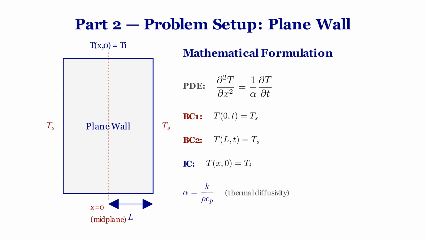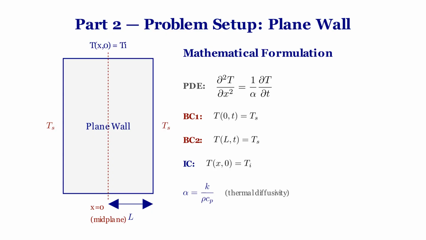The governing partial differential equation is the heat diffusion equation, partial squared T over partial x squared equals 1 over alpha times partial T over partial t, where alpha equals k divided by rho Cp is the thermal diffusivity. Now, quickly try to understand the meaning of thermal diffusivity, that is alpha here. Thermal diffusivity alpha is a measure of how quickly heat diffuses through the material.